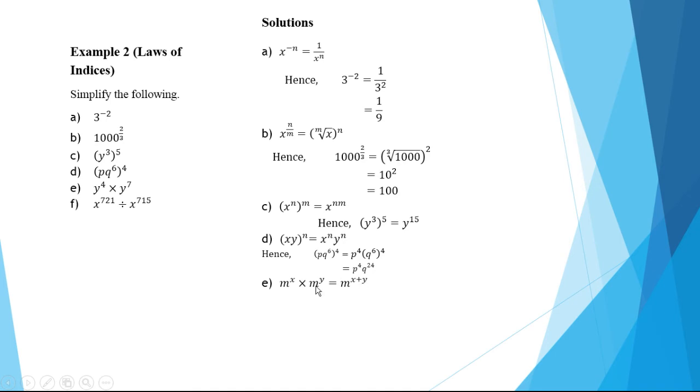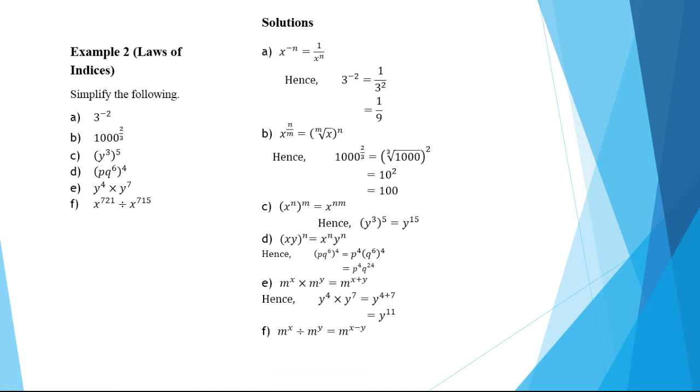So m^x times m^y is as good as saying m^(x+y). This is a law that has been proved, verified for all numbers. You can try it out for different numbers, you'll see that it's correct. So y^4 times y^7 is the same as saying y^(4+7), which is nothing but y^11.